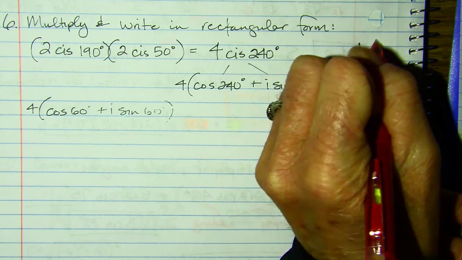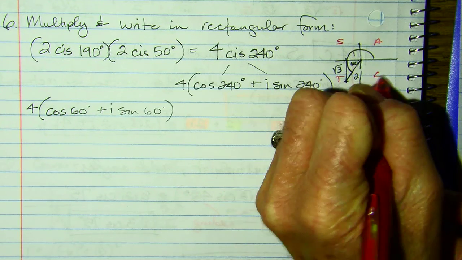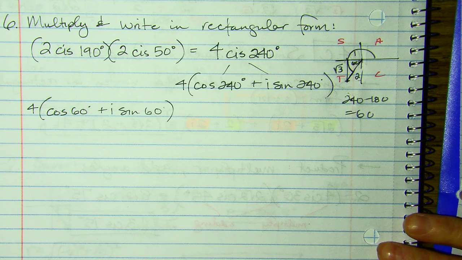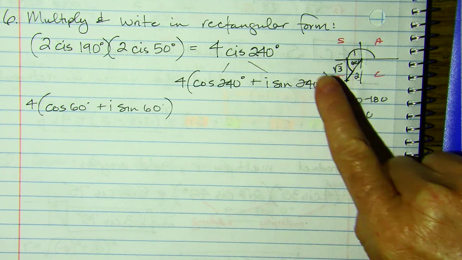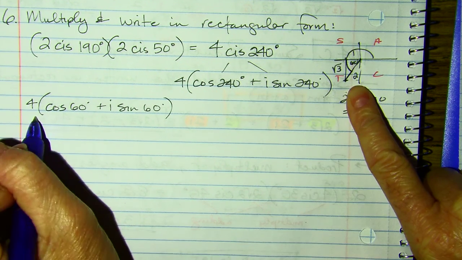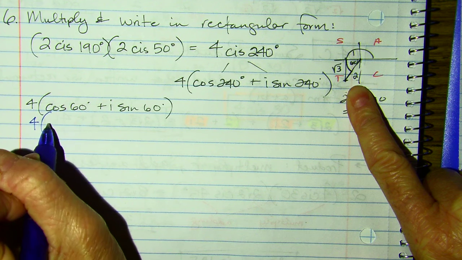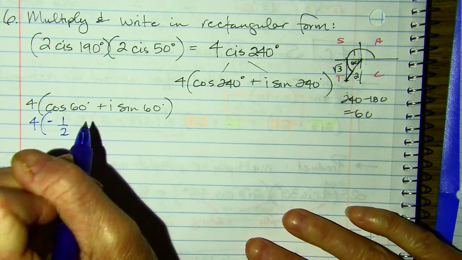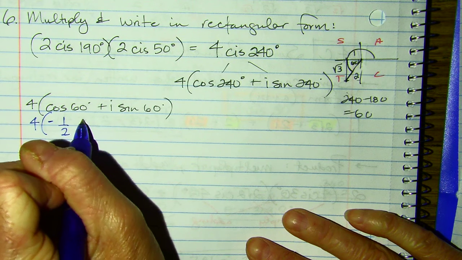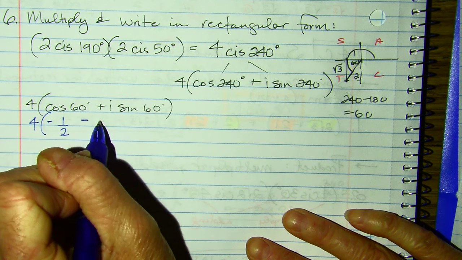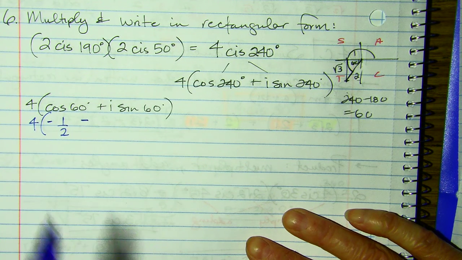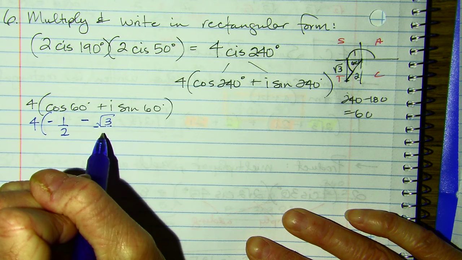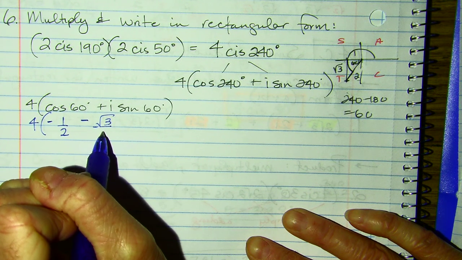But in this quadrant they're both going to be negative. So the cosine of 60 would be negative 1 over 2. And then I'm going to put minus, right, because this one's going to be negative. The sine of 60 is root 3 over 2 i.